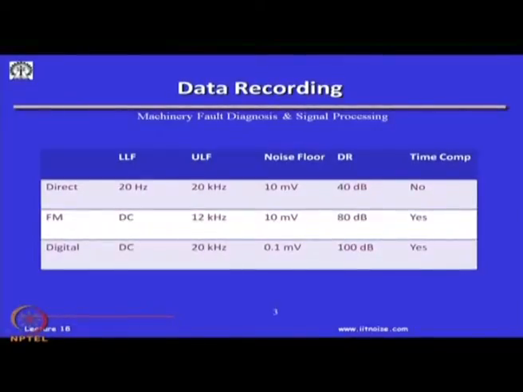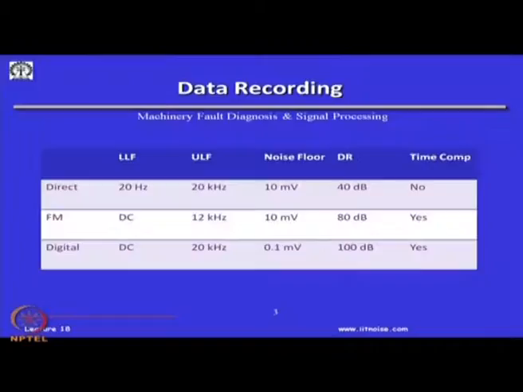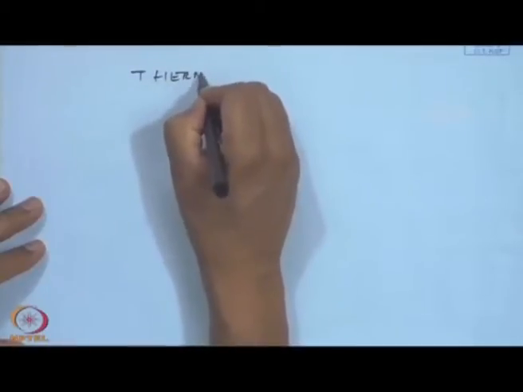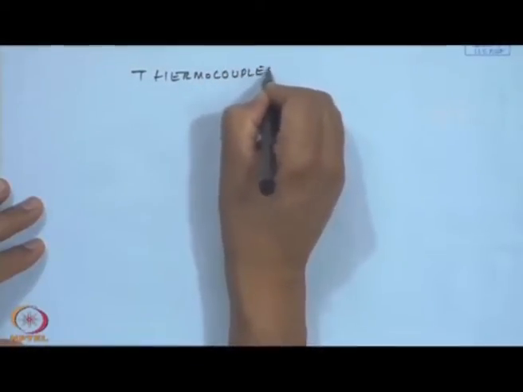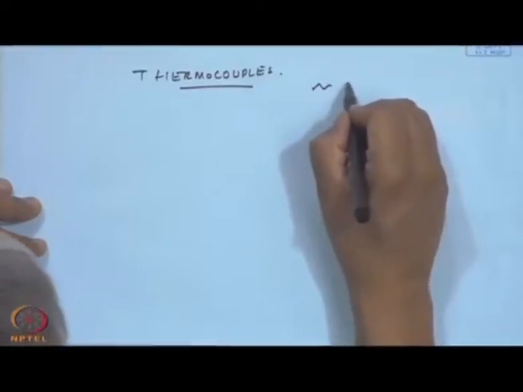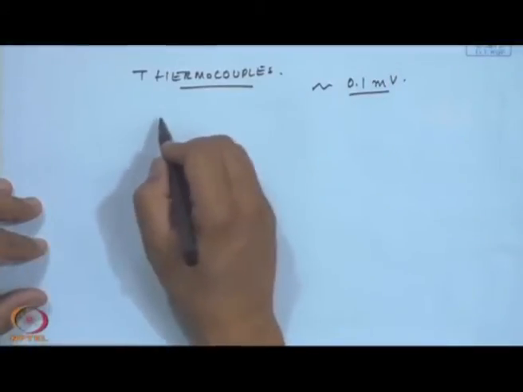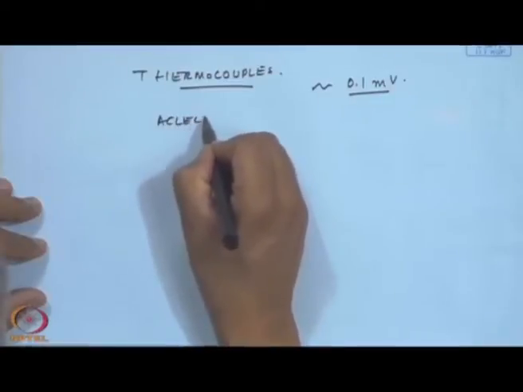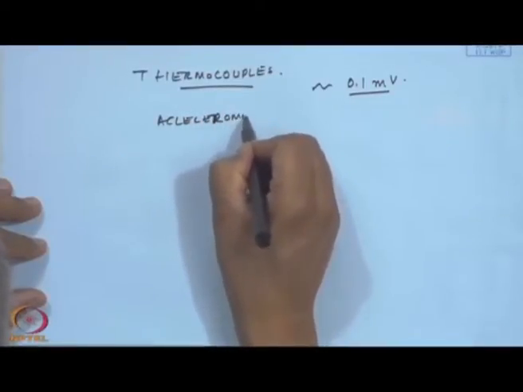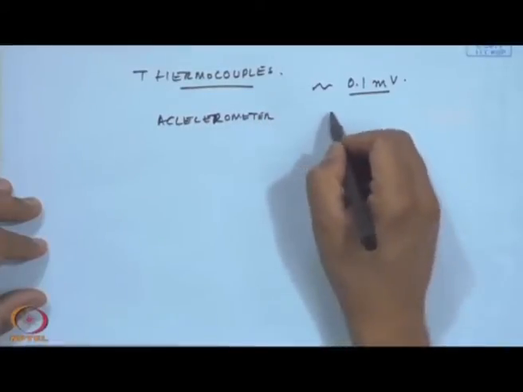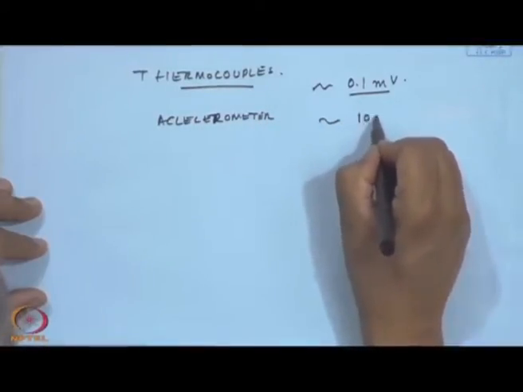But the advantage of the digital recording over the other recording is that the noise floor being very low, we can have signals from devices like thermocouples, as you know, thermocouples give a very low millivolt signal, okay, as opposed to maybe an accelerometer, maybe 10 millivolt.